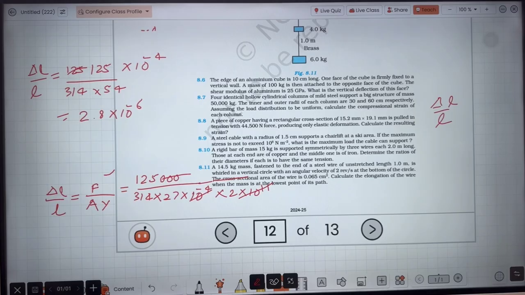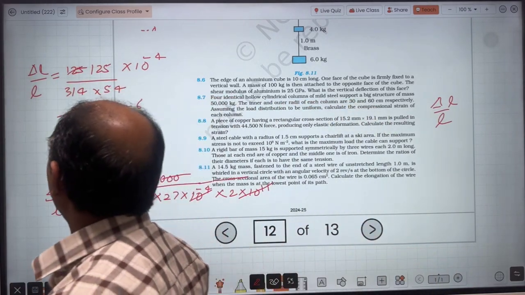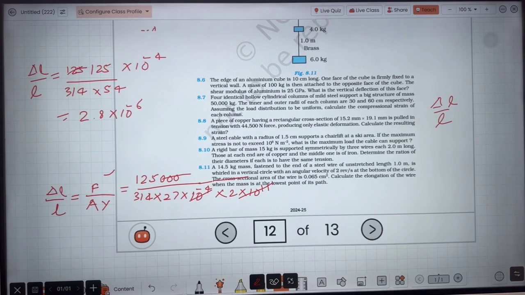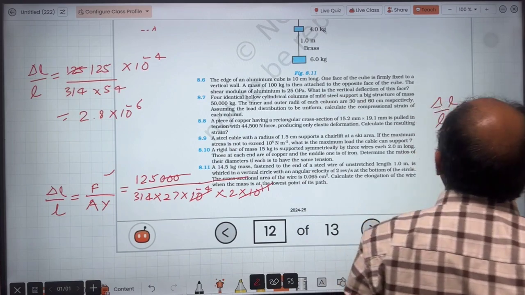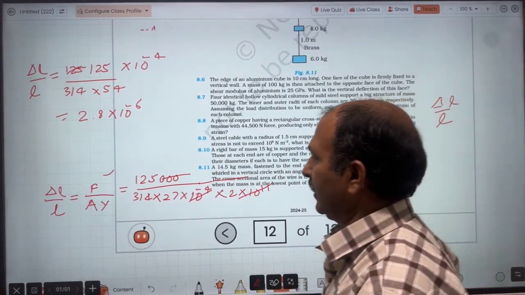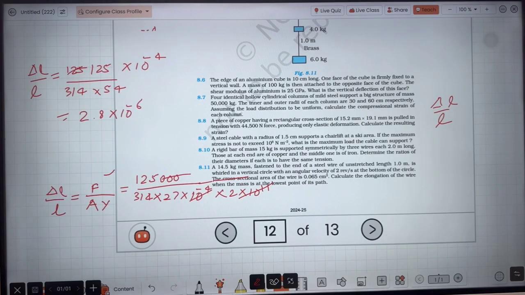Is it correct? Yes. Why do I say is it correct? It means you should also evaluate. Sometimes mistakes may occur even by teachers. So be careful.